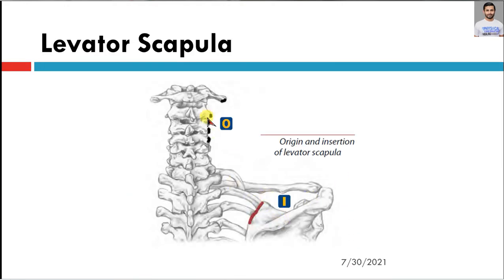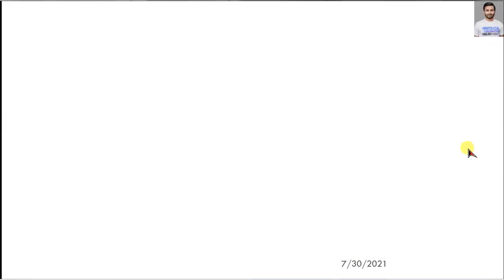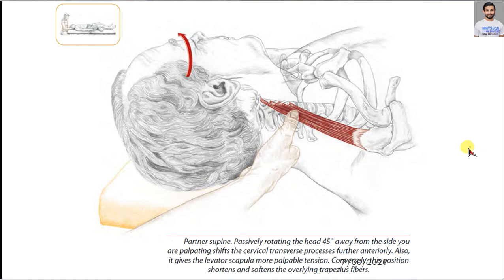So this is the origin and this is the insertion. It can elevate the shoulder or side bend your neck. So you need to resist the shoulder elevation or neck side bending to make the muscle more prominent. Over here, this is the standard procedure.